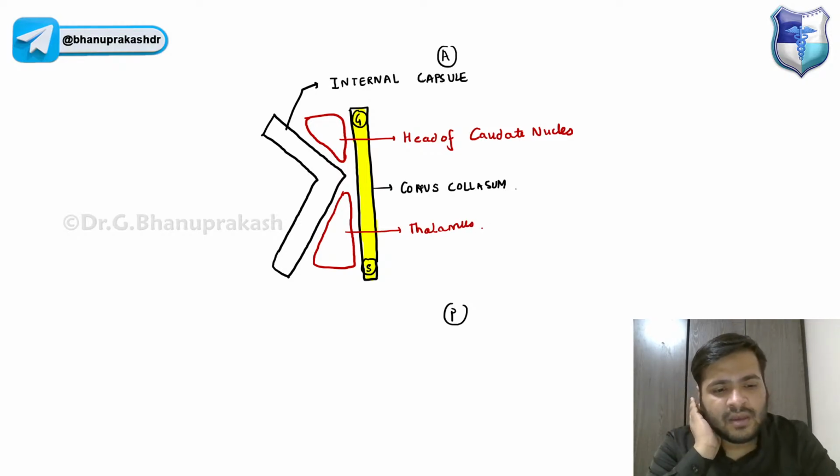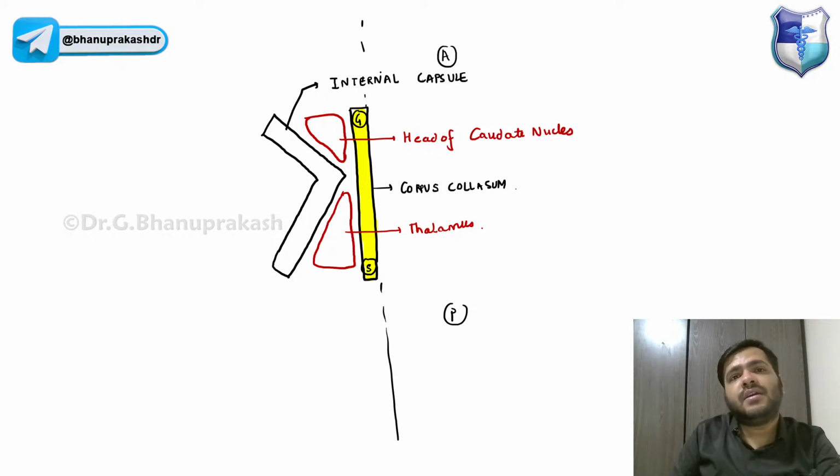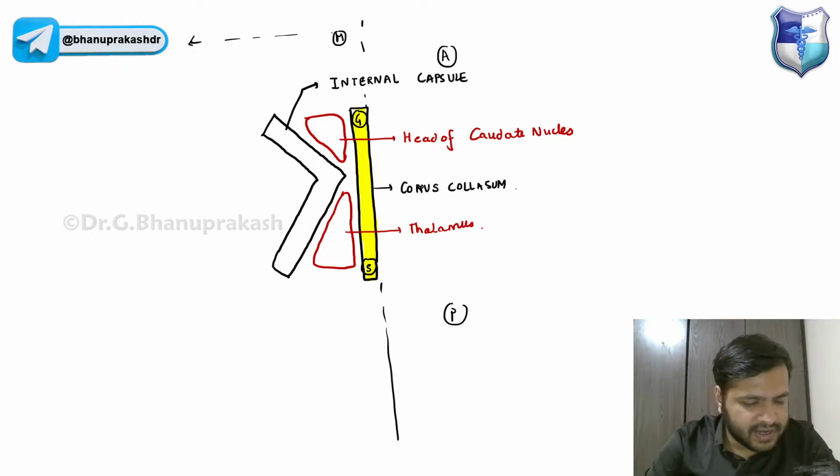Right? So again, guys, just try to see, let us suppose this is the midline of the body. You already know the corpus callosum is in the midline, right? Now we are going from medial to lateral over here.